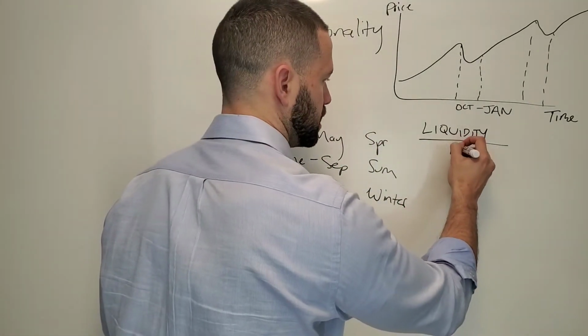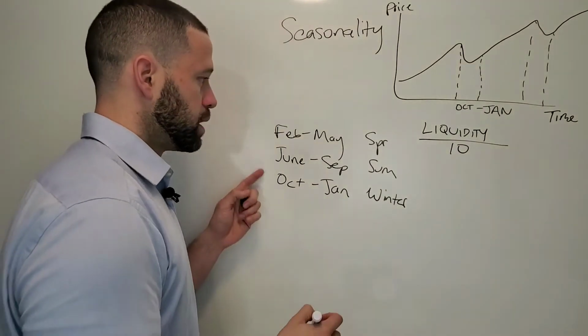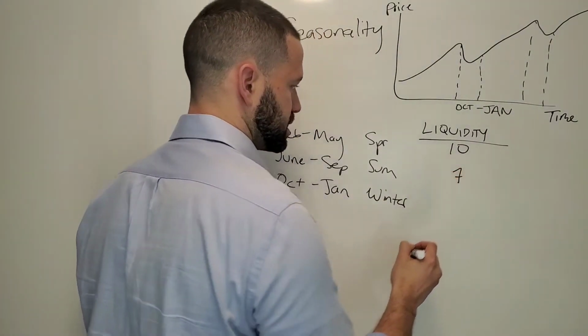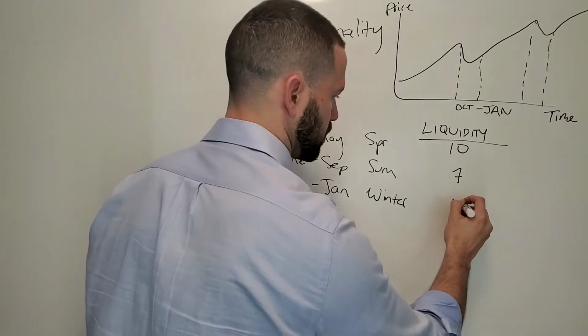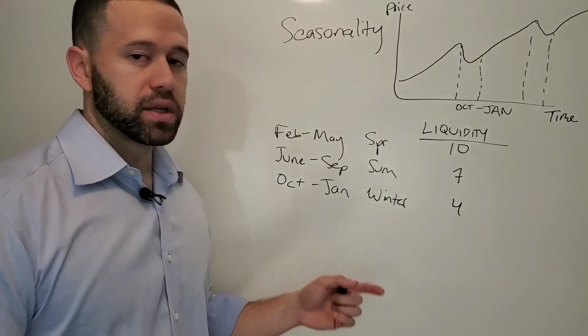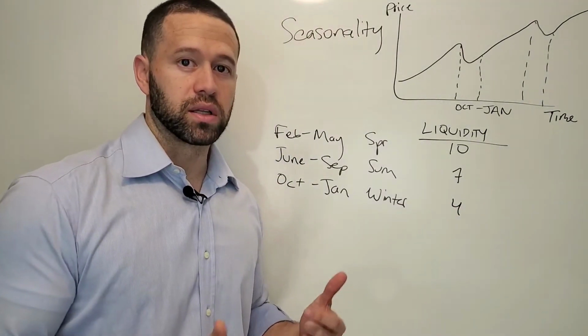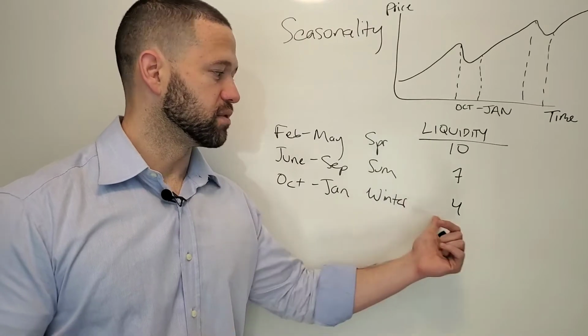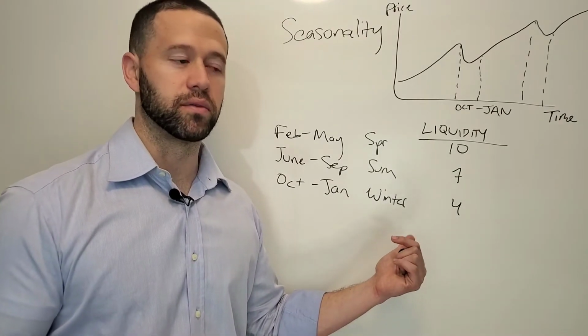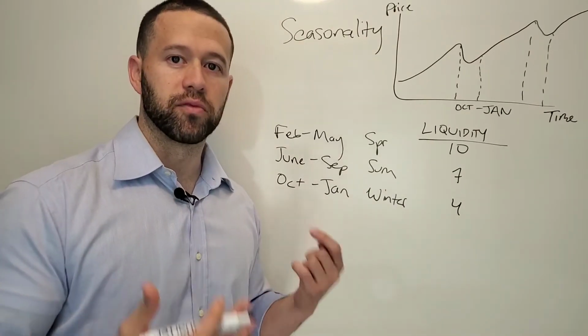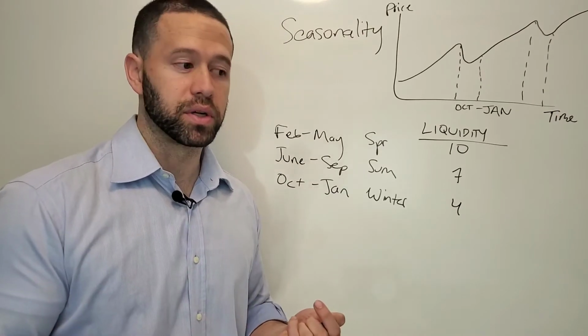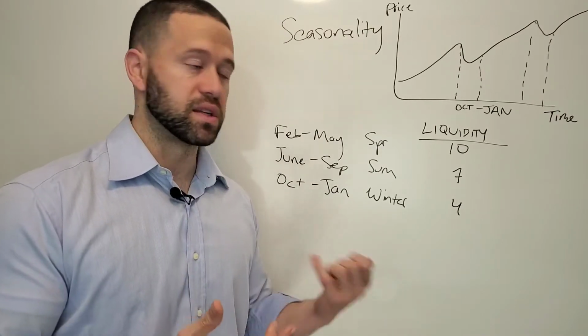So let's say liquidity is a 10 in the spring. In the summer, let's say it's a 7, and in the winter it goes down to a 4. Okay. In a healthy, strong market like Seattle, for instance, liquidity is never going to go down to 1 or whatever. There's always going to be a certain amount of people that are purchasing properties, either to live in or as investments.